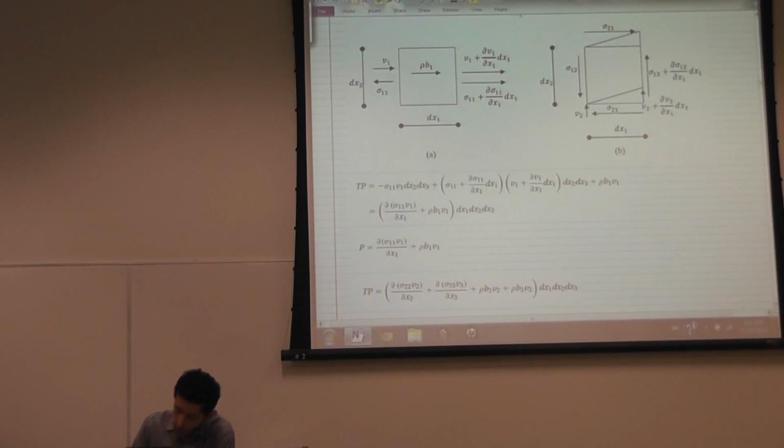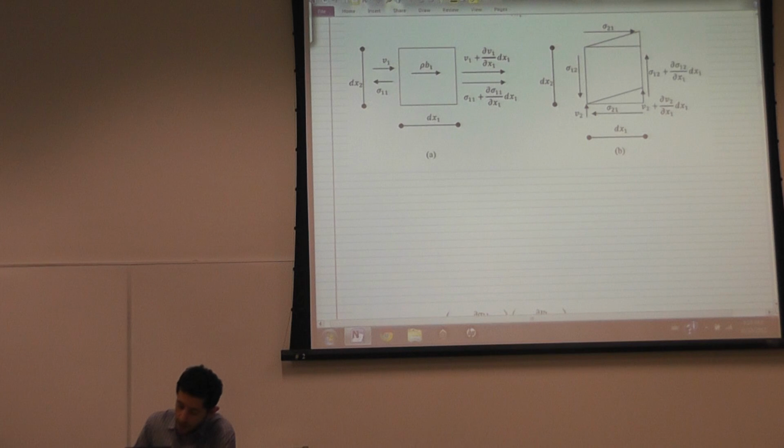So, in order to start this, I'm going to right away find what I call u dot multiplied by the volume, which is equal to the total power of the forces acting on the object.